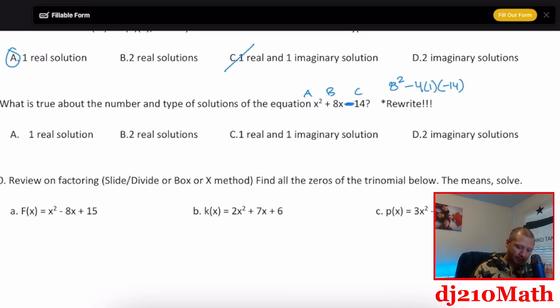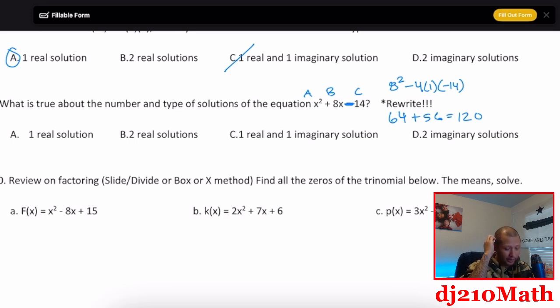Okay, this is 64 plus whatever, right, because negative times negative is a plus. 4 times 14. So this is going to be 4 times 4 is 16. Carry the 1, 56. So this is going to be 120. A positive number.